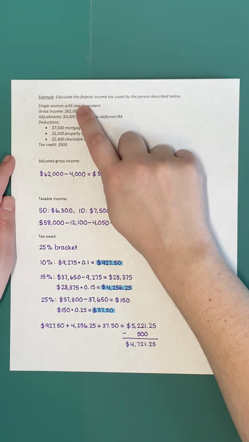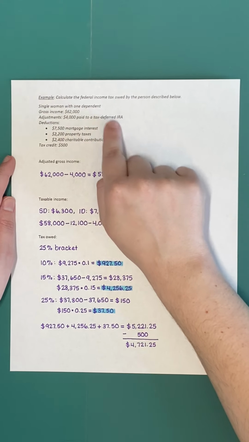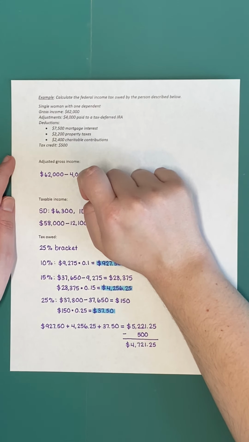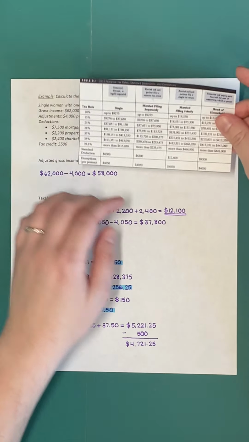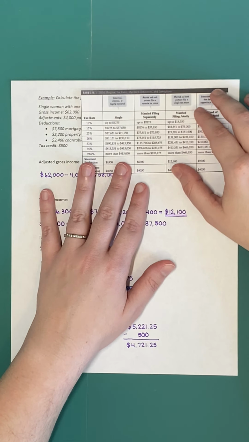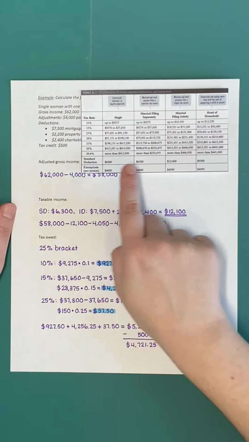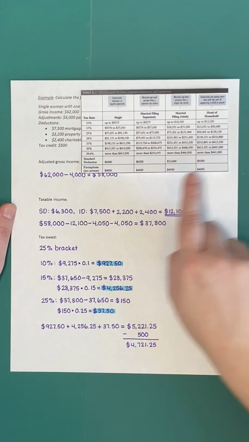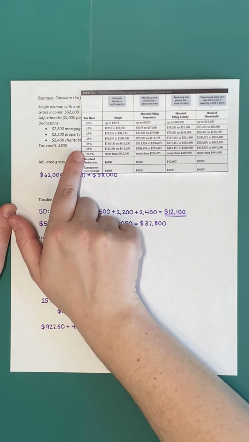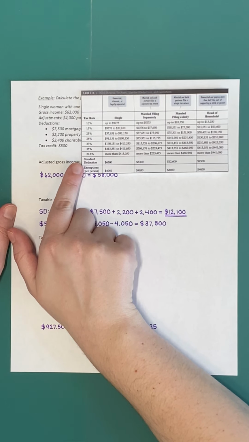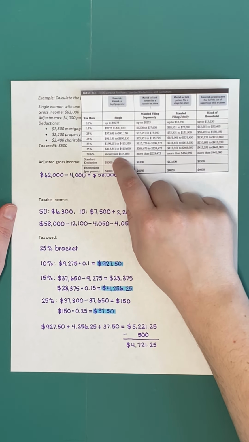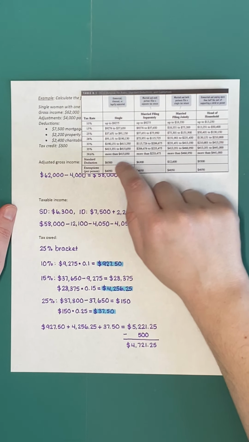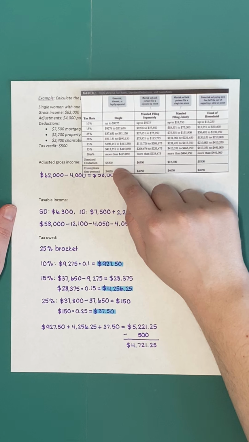Then we have their income, we have adjustments, we have all the different deduction amounts, and then we have a tax credit. Now the one thing we're missing here is the standard deduction. That is also something included on the tax table though. So if you look at the very bottom rows on the tax table, we have the standard deduction amount, and then we have the exemption amount. So the standard deduction for a single person here is defined as $6,300, and the individual exemption amount is $4,050.